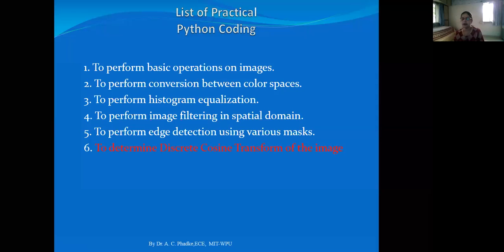So can anybody type names of a few applications that you know which are related to image processing? Please type in the chat box. I'm waiting for your answers. Any application, or do you know where image processing might be useful?